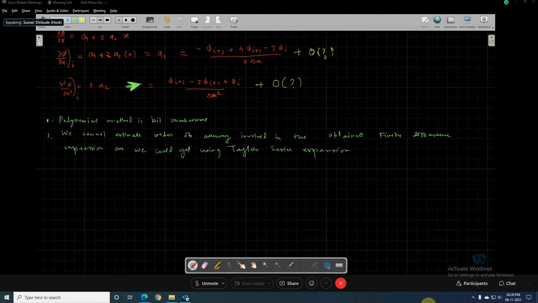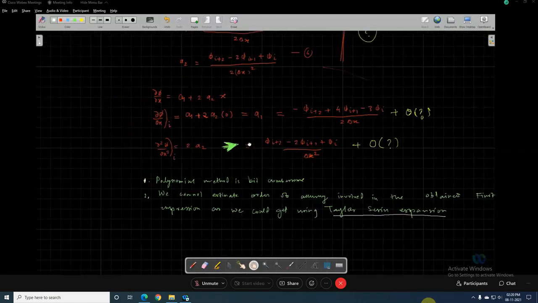So most of the time Taylor series expansion will be shown to derive these finite difference expressions. That is the reason, but as an exercise or as a homework, you should try.